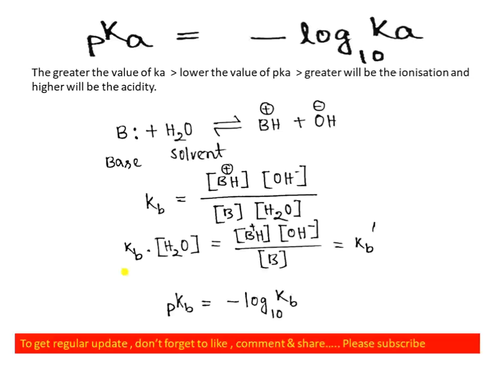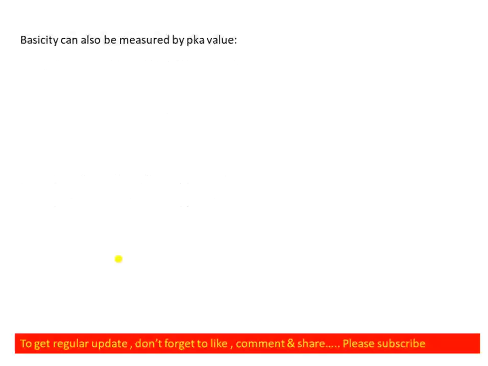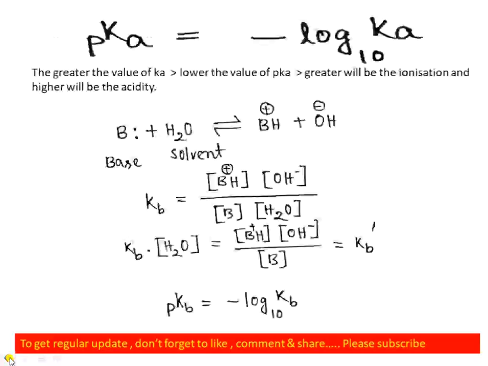So we can conclude again that pKb can be written as minus log 10 Kb. So again we can conclude that the greater the value of Kb or the lower the value of pKb, the greater will be its basicity. Again, the lower the value of Kb or the greater the value of pKb, the lower will be its basicity.